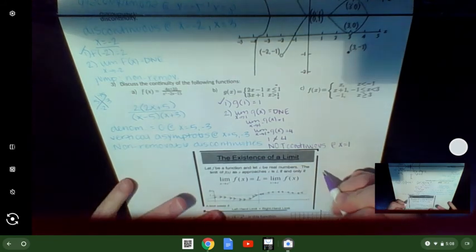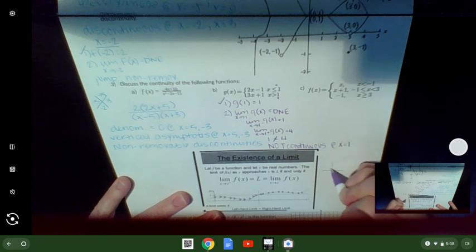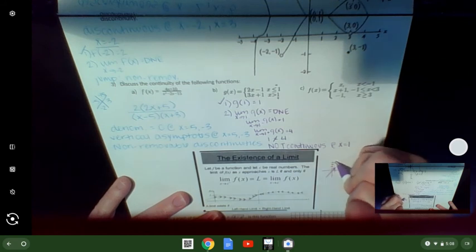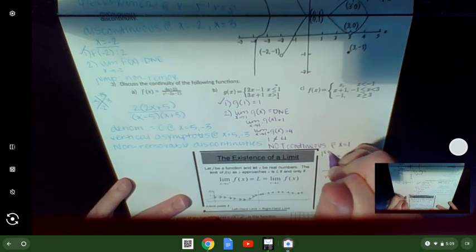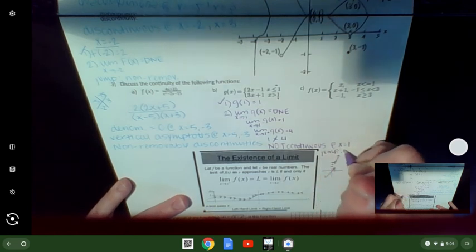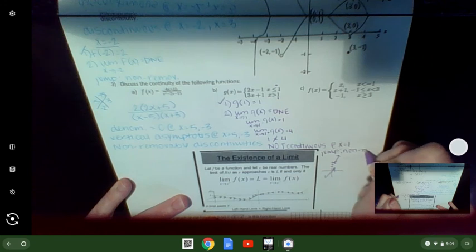Ultimately, as I approach from the left, this is not a perfect picture, but I have something to this extent, I have the 0.11, and as I approach from the right, we had something to this extent, we had 1, 4. So if you look at that little picture right here, we can tell that we have a jump, which is a non-removable discontinuity.